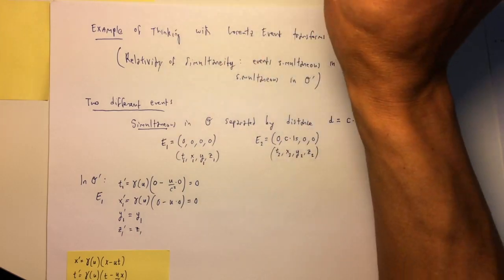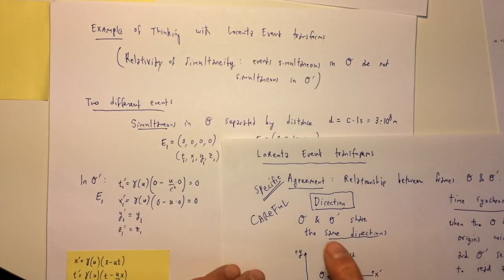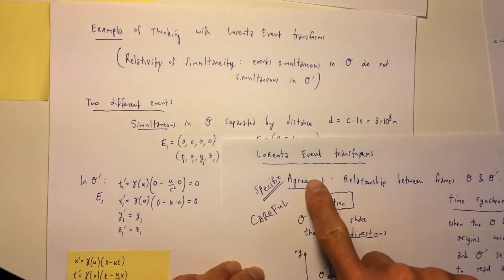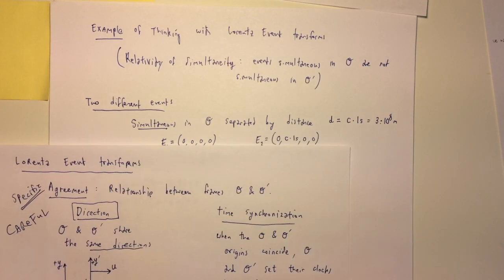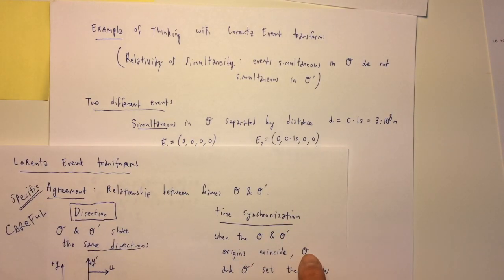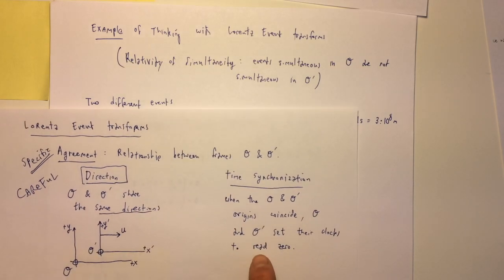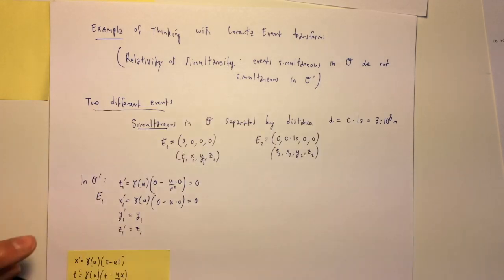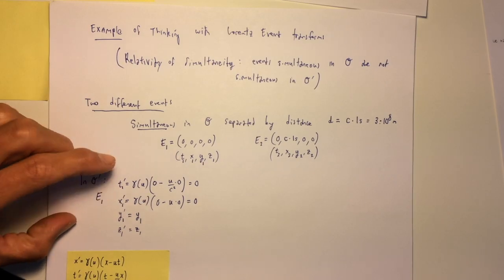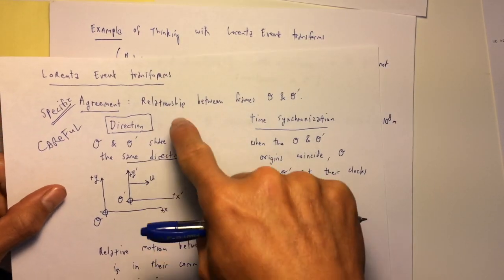And that was actually in our specific agreement that when the origins coincide, O and O prime will make their origin clocks read 0. So their origin clocks read 0. This is just because this is the setup.